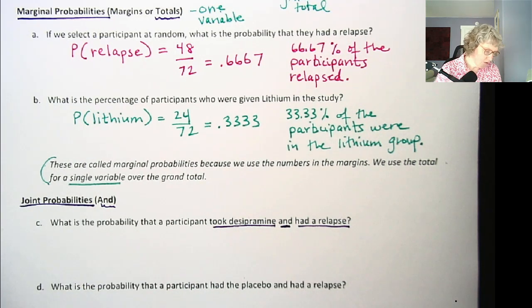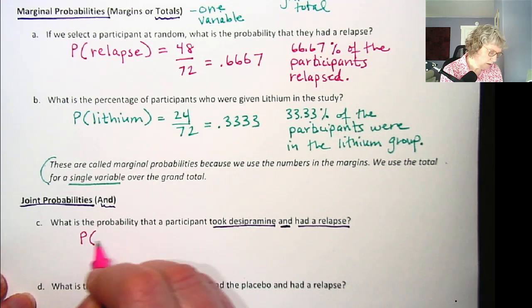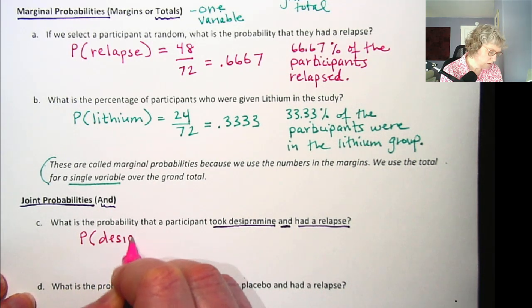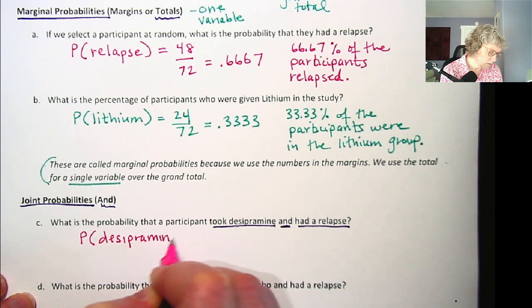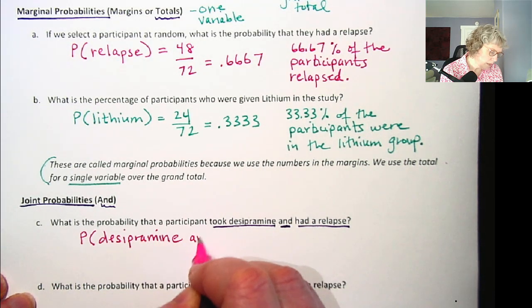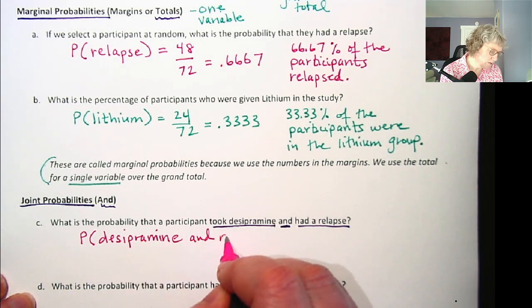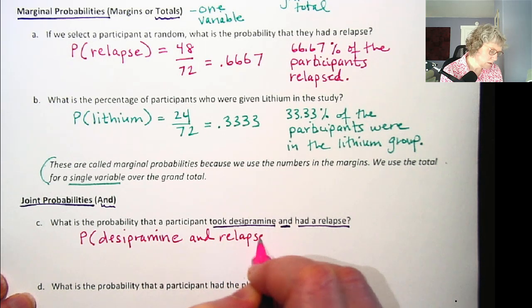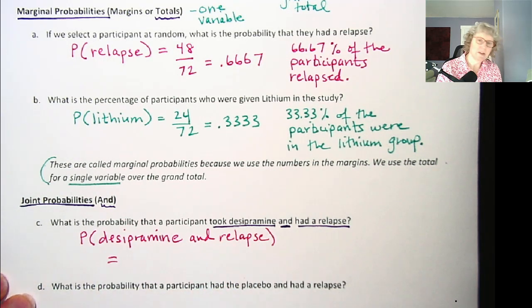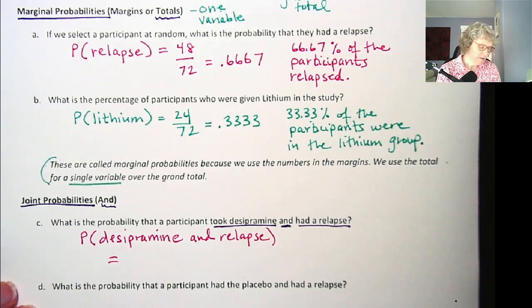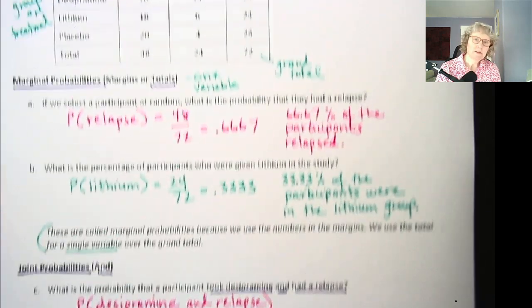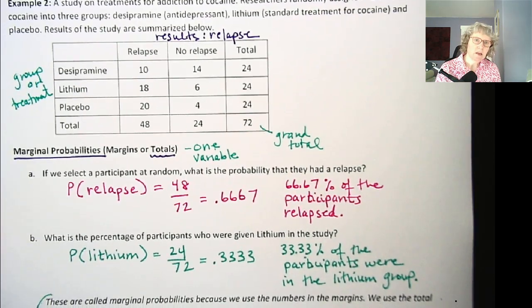So to write that out, I'm going to write probability desipramine and relapse. Takes a little longer to write that out, so I'm going to need more space, so I'm going to go down to the next line. Okay, so look back at our table.